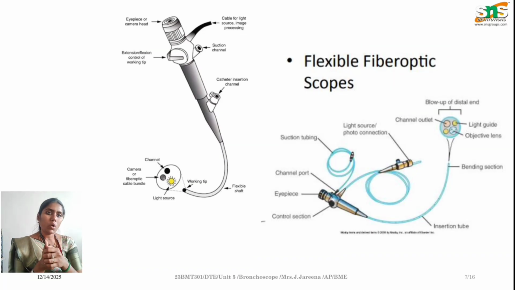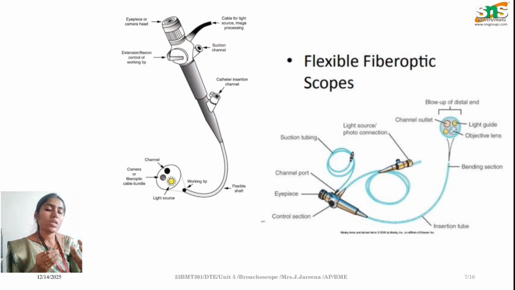This is how the bronchoscope looks. We have different parts. First, we have the eyepiece at the top, through which the surgeons can visualize, or it can be attached to an outside monitor to have a clear visualization or examination of your airway systems. And then we have the suction channel.